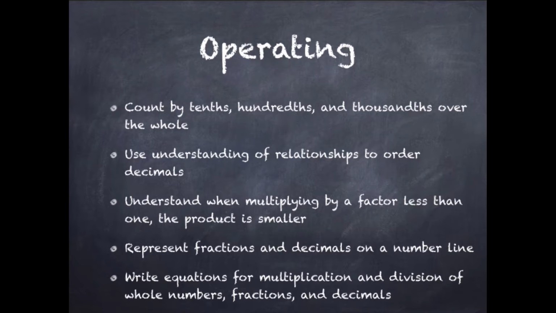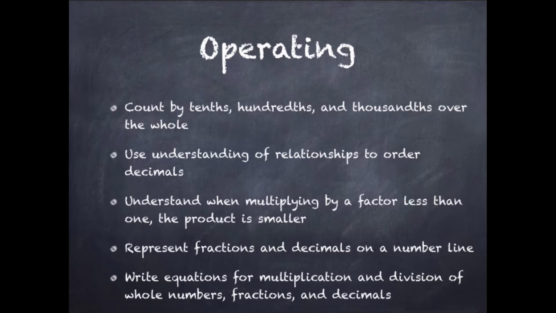Then we get to the operating phase, which is about 5th and 6th grade type work. Basically, students are now working in decimals, and they're operating with decimals and fractions. So they're counting by tenths, hundredths, and thousandths over the whole. They're using understanding of relationships to order decimals.